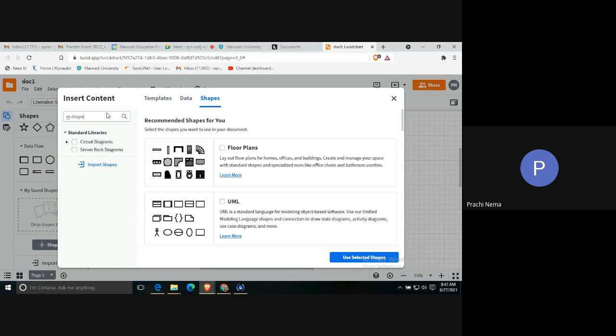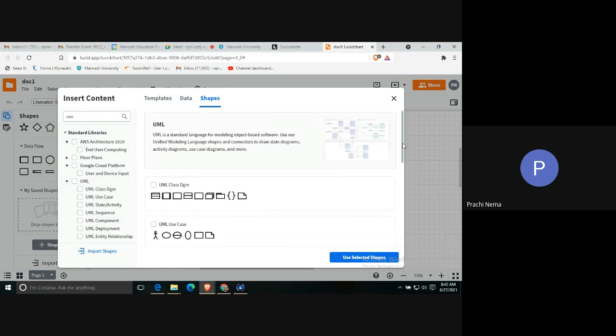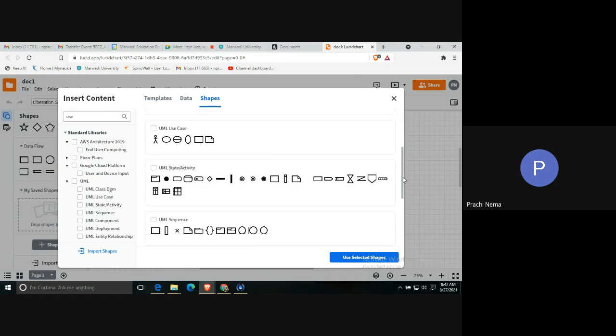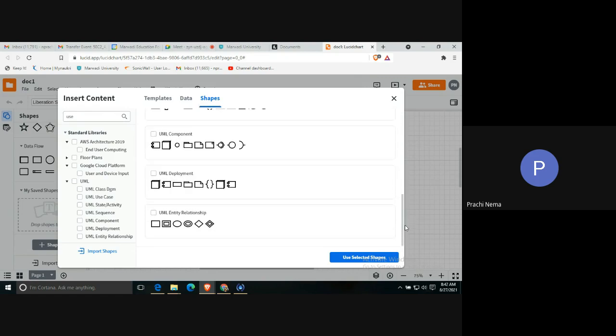You can draw use case, I guess. UML, they have a whole category of UML. UML use case, UML state activity diagram, UML sequence diagram, component diagram, deployment diagram, entity relationship diagram.